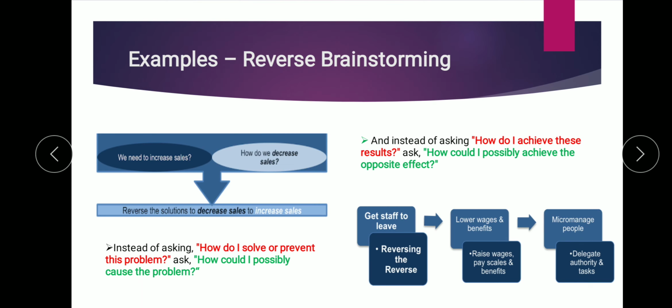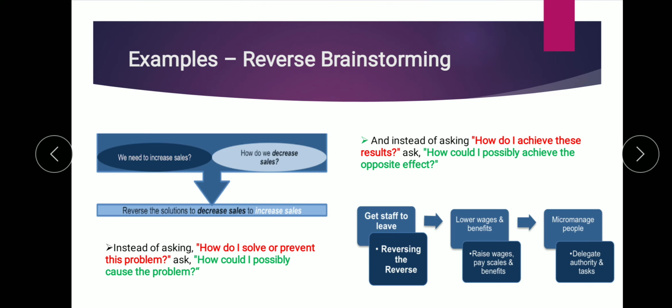So in the example of a reverse brainstorming session, we need to increase sales. How do we first think of how do we decrease the sales? So what are the various things that happen in our current situation or our current business model that are decreasing the sales? So first think of how do we decrease the sales, so you can easily come up with problems for decreasing the sales, right?